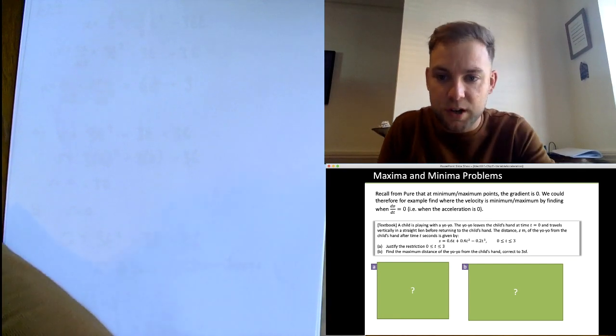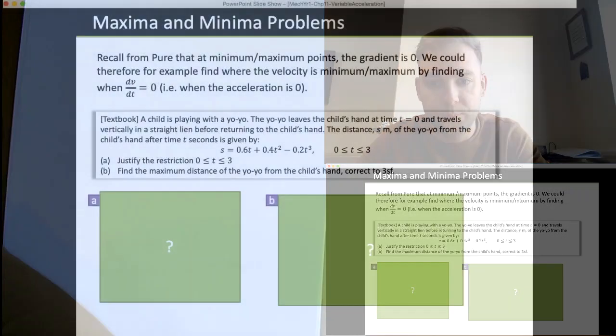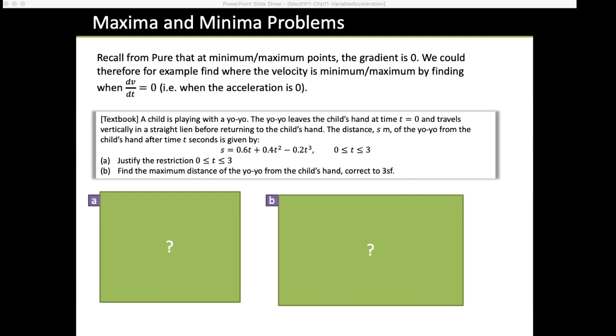Let's get this question up because I want you to get this down in your notes. A child is playing with a yo-yo. The yo-yo leaves the child's hand at t is equal to 0 and travels vertically in a straight line before returning to the child's hand. The distance s meters of the yo-yo from the child's hand after t seconds is given by s is equal to 0.6t plus 0.4t squared minus 0.2t cubed.